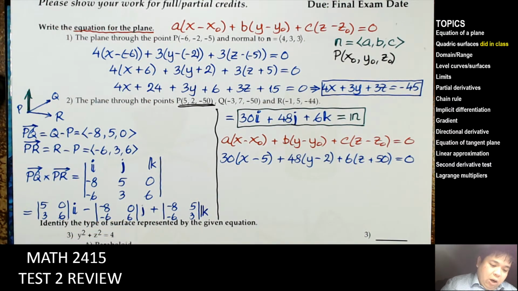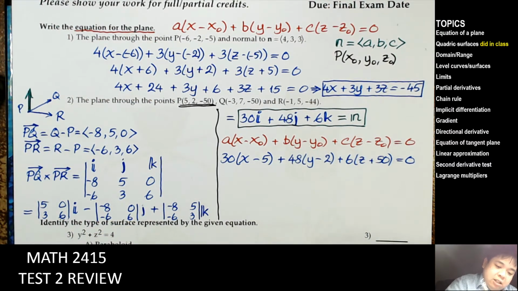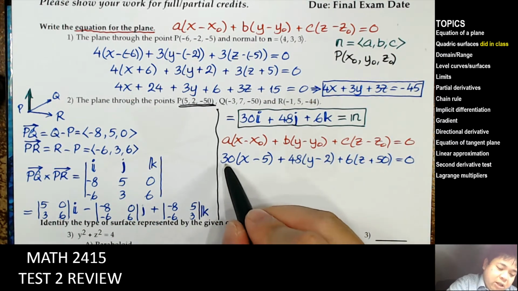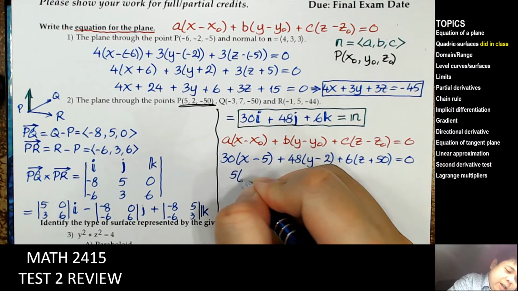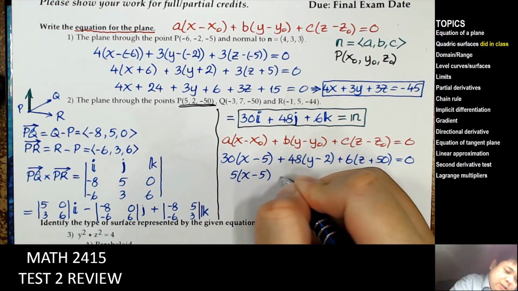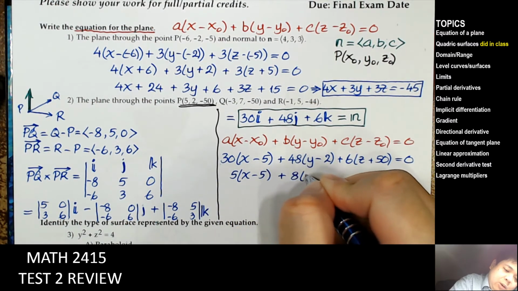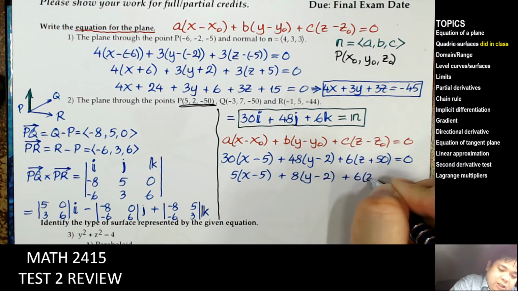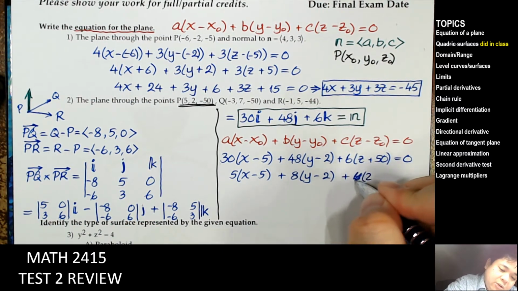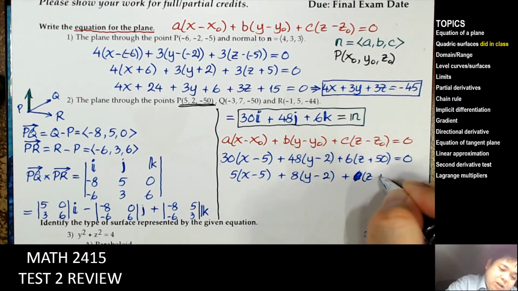Right. Notice that 30, 48, and 6, all of them are divisible by 6. So if we divide everything by 6, we will have 5(x minus 5), 8(y minus 2), and 6 divided by 6, so that's 1(z plus 50).